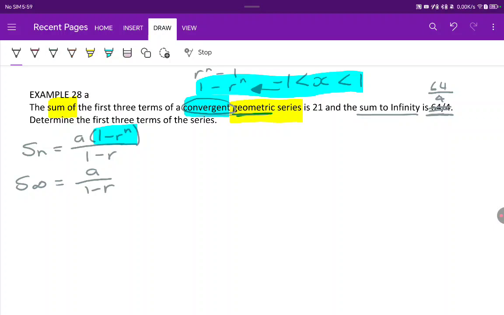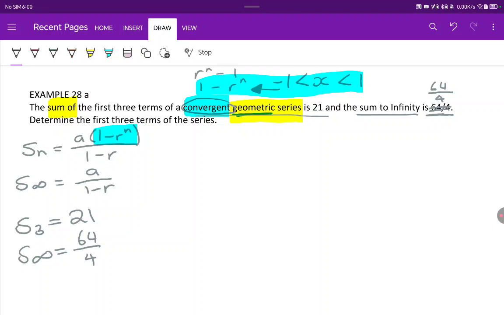We know that the convergent one equals 21. Oh, well, that's S3. Okay, let's write this separately. So we're going to say the sum of three terms equals 21, and the sum to infinity equals 64 over 4. That's the information that we are given.